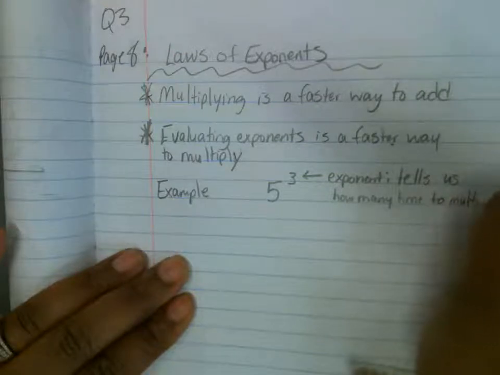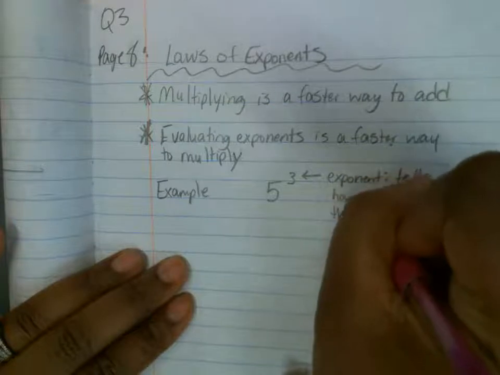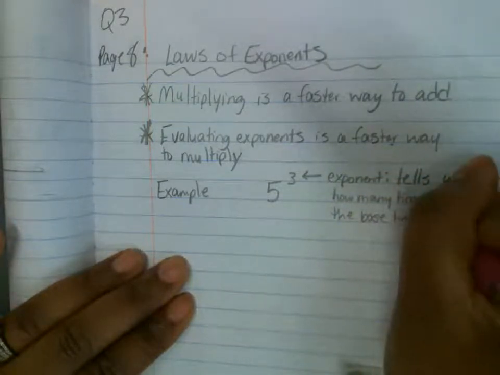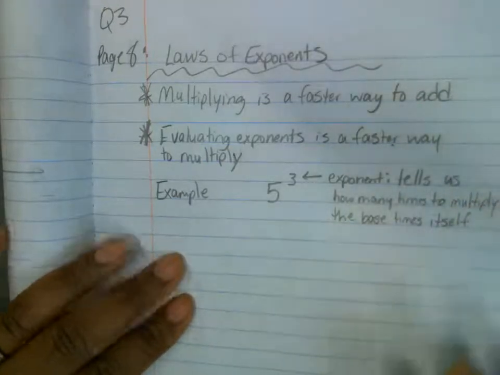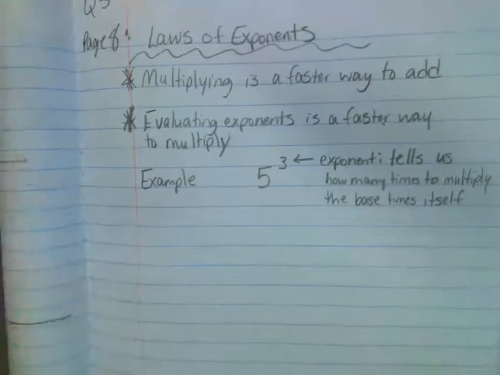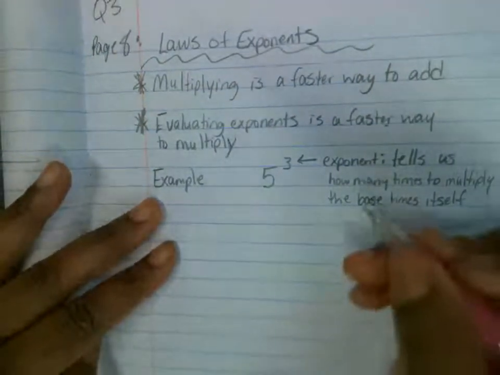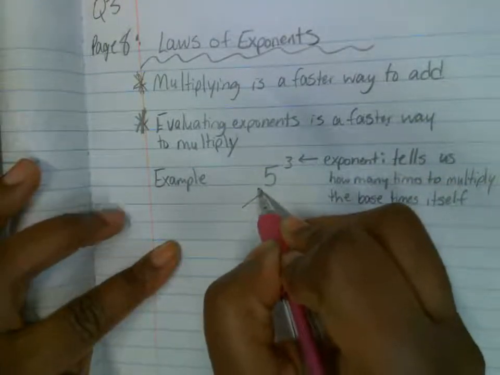Your exponent tells us how many times to multiply the base times itself. Your 5 is your base.